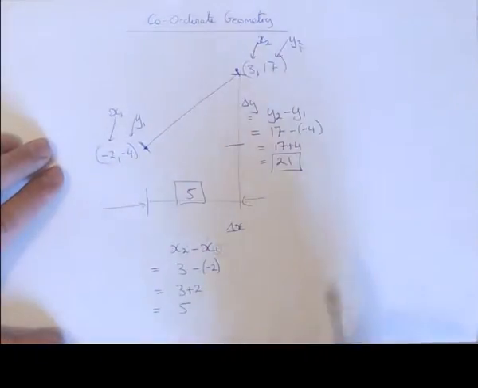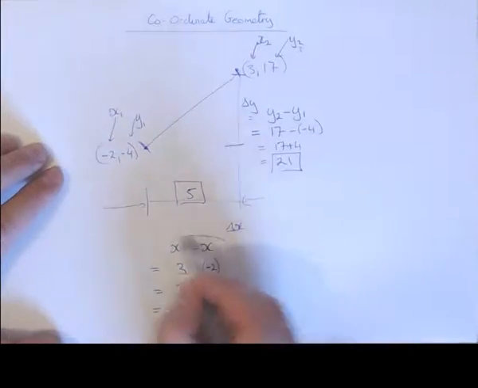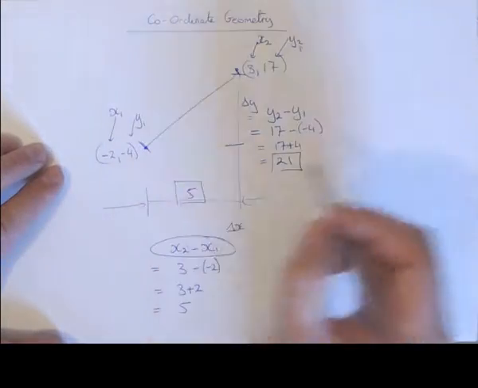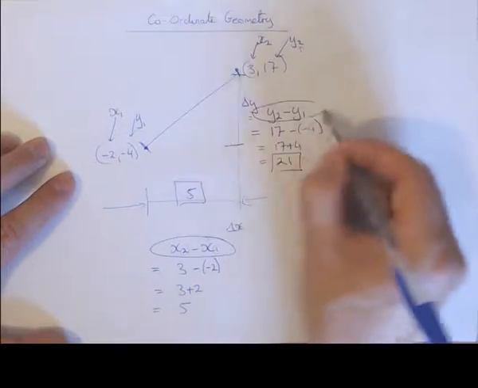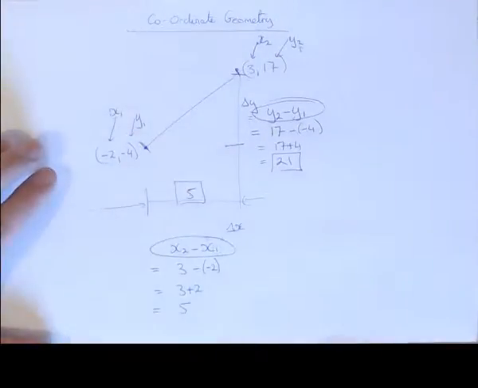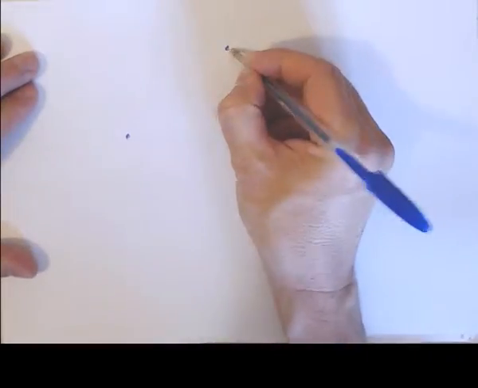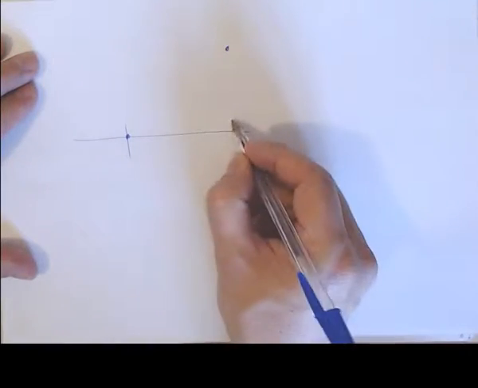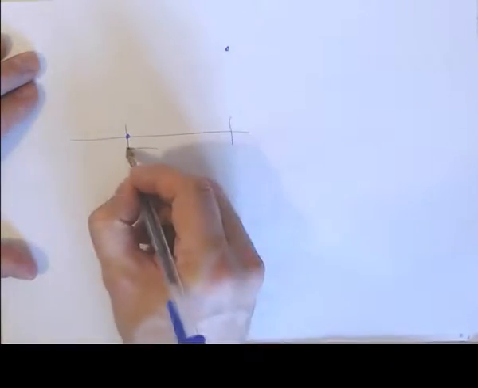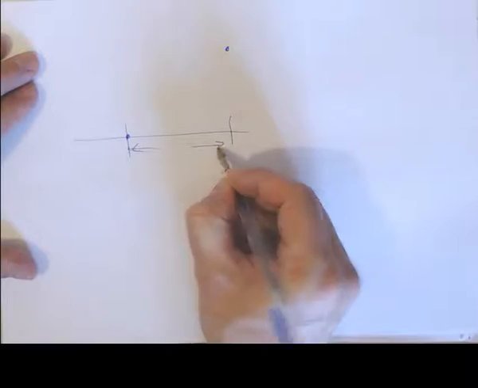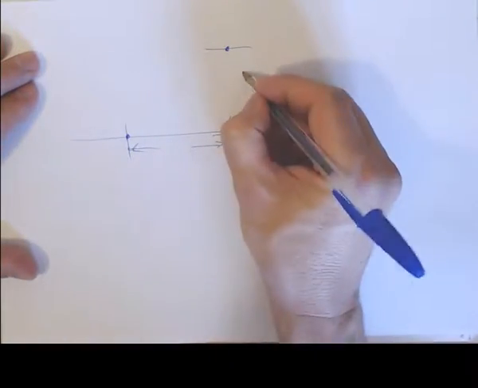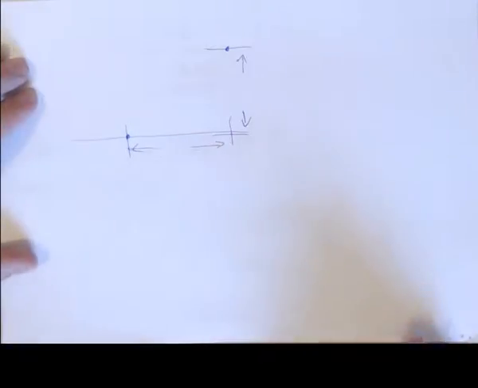So our x distance, x2 minus x1, was 5, for example, and our y distance, y2 minus y1, was 21. Between 2 points, we found how far across it was and how far up it was.